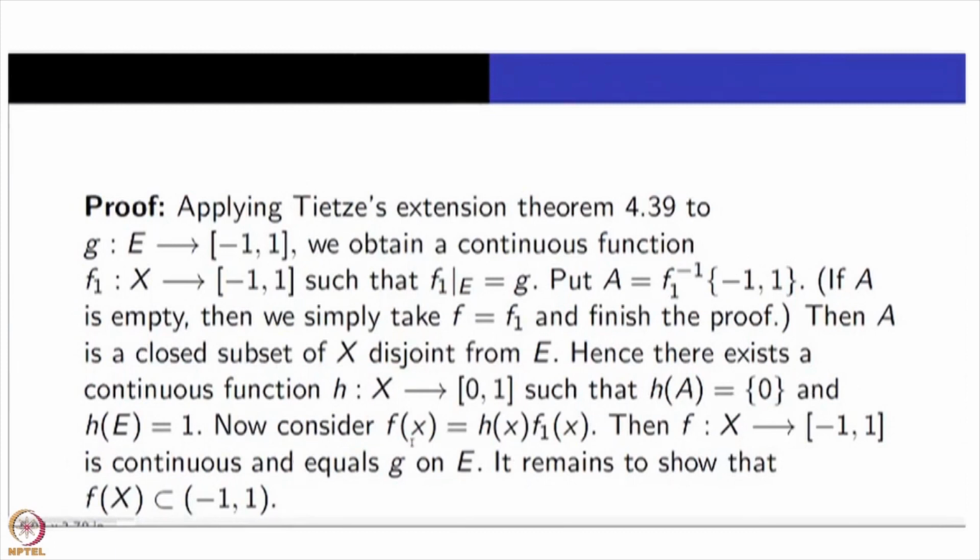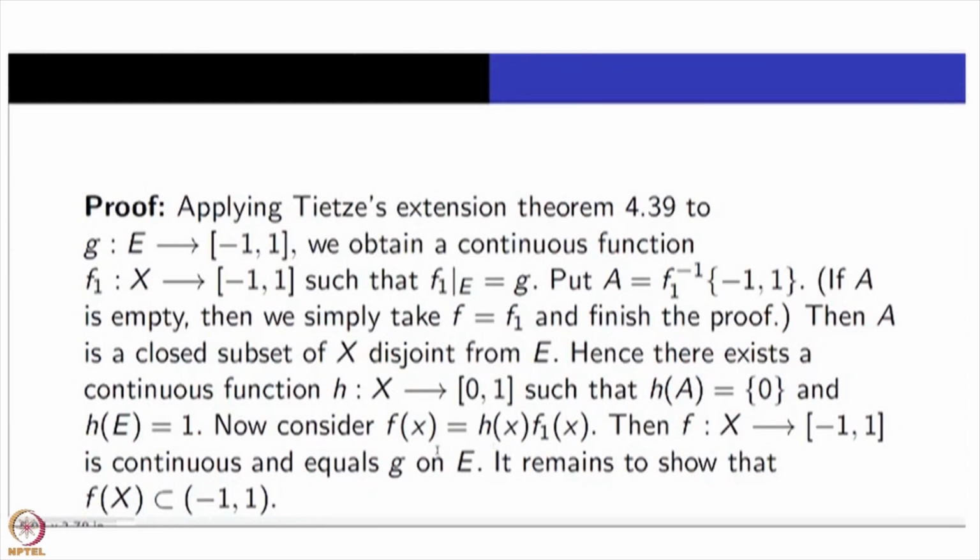Now you multiply the original F1 with h. Take f(x) equal to h(x) times F1(x). This is a product of two functions, one taking values in [-1, +1] and the other in [0, 1], so this will take values in [-1, +1]. There is no problem and it's continuous.